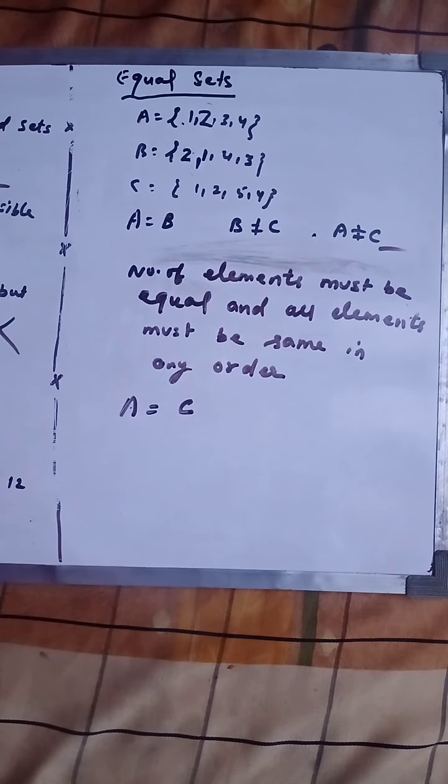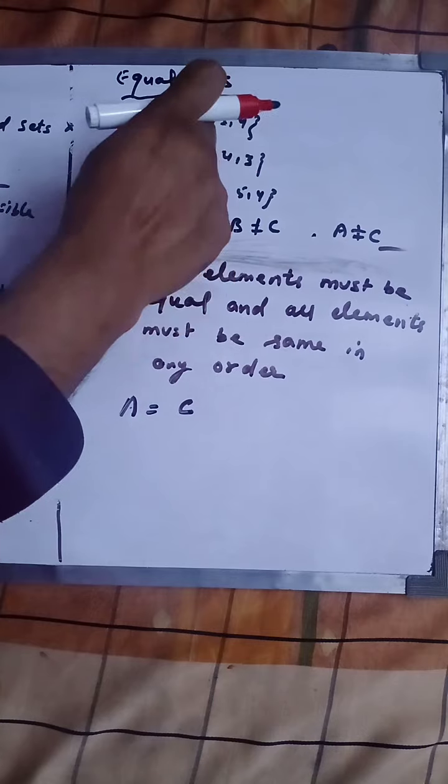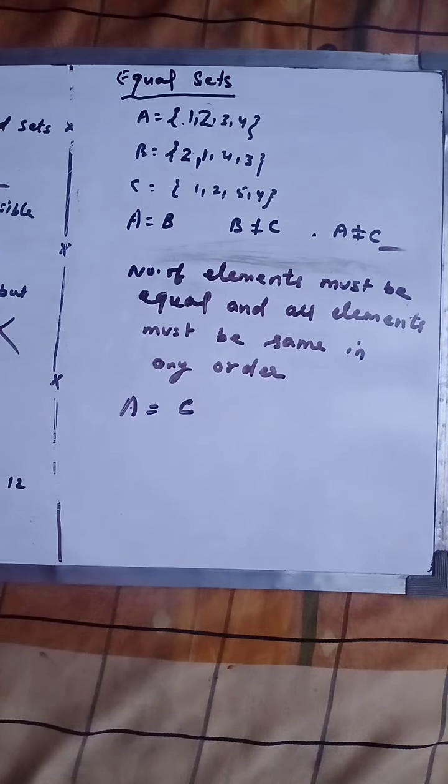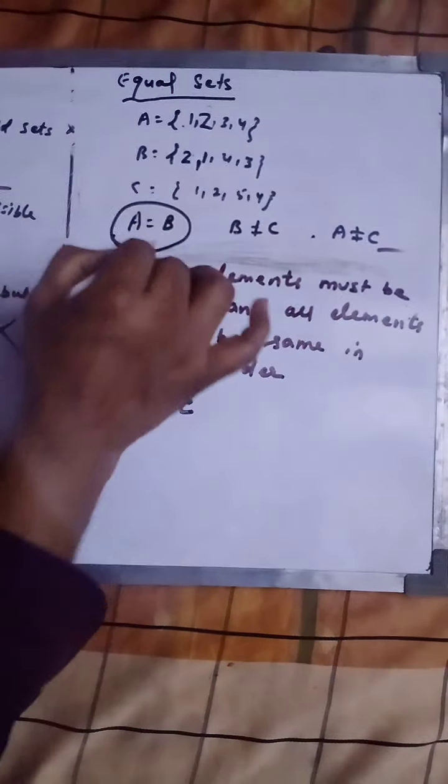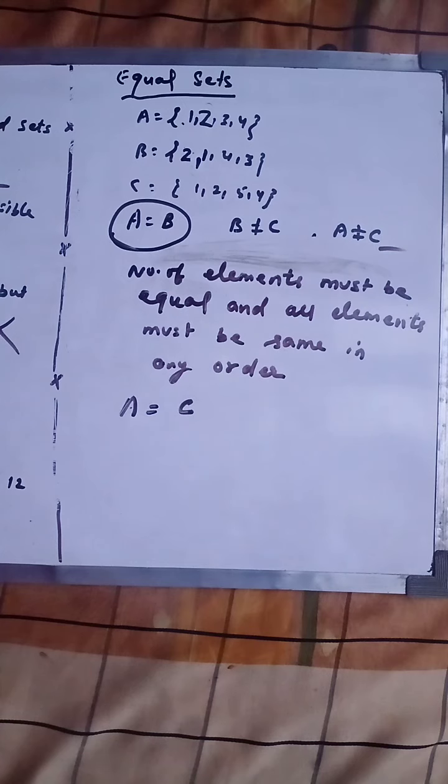You can check 1 is coming, 2 is coming, 3 is coming, 4 is coming. So they are equal sets. So this is the definition of equal sets.